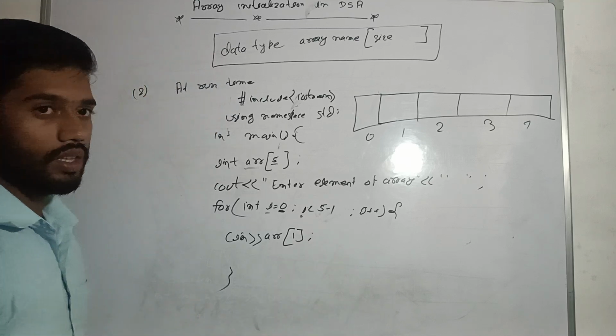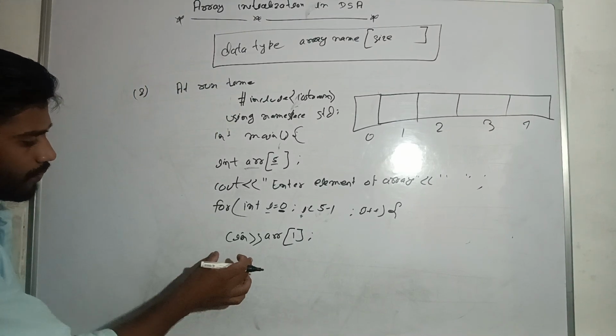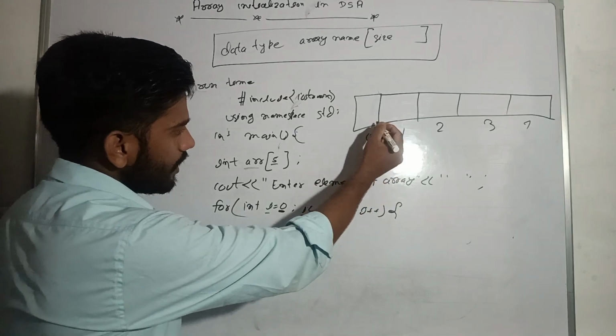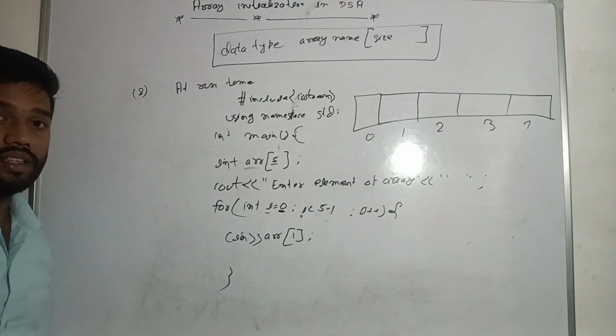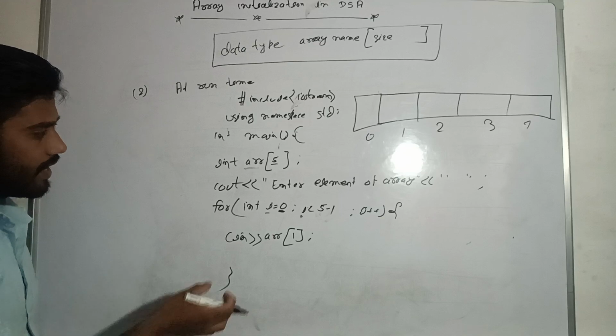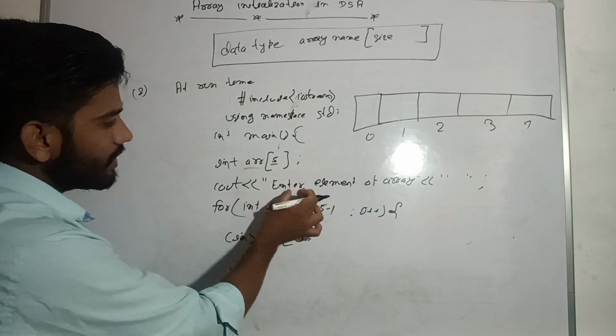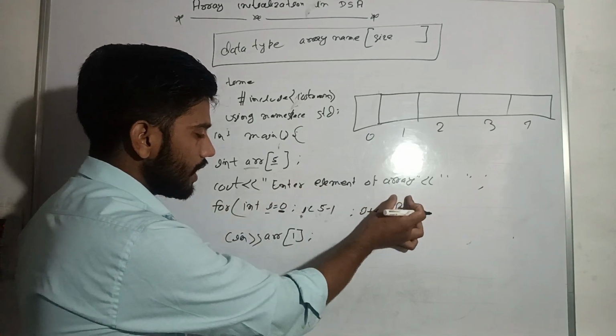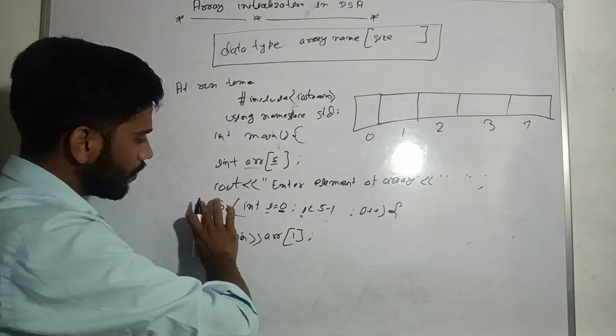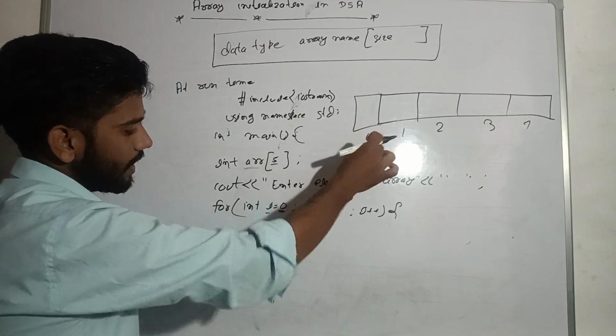Okay, now the array should be initialized at runtime, and here it will print the message enter element of array, and this loop will initialize the array.